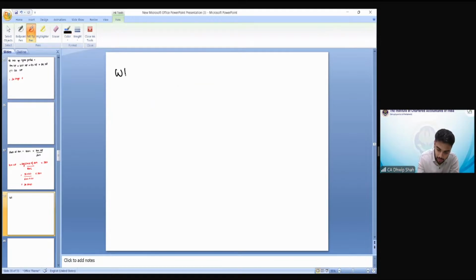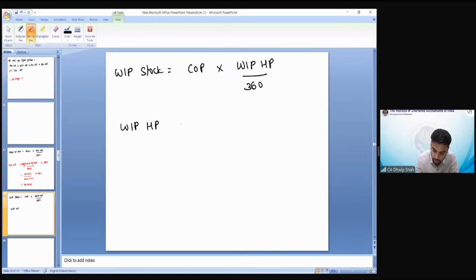Again, what was the formula for WIP stock? It is always based on cost of production multiplied by WIP holding period divided by 360. Correct? So again, just transposing this formula, can I say WIP holding period is nothing but stock of WIP divided by cost of production into 360.